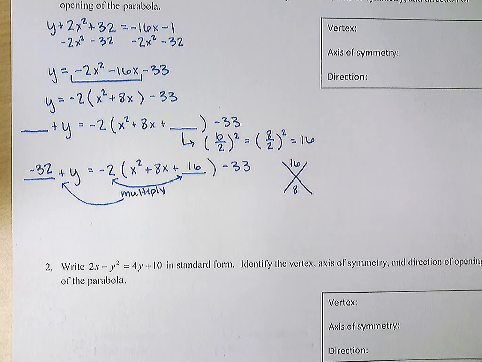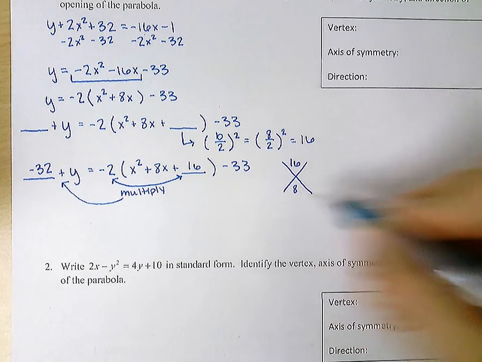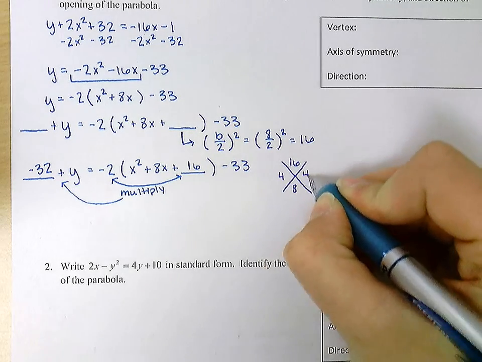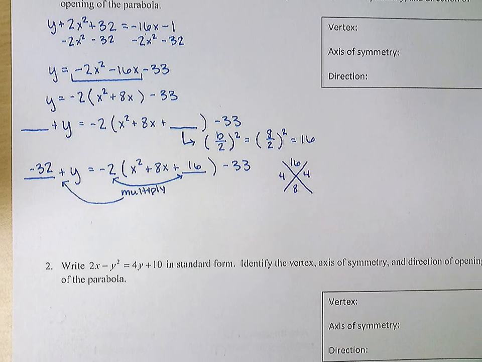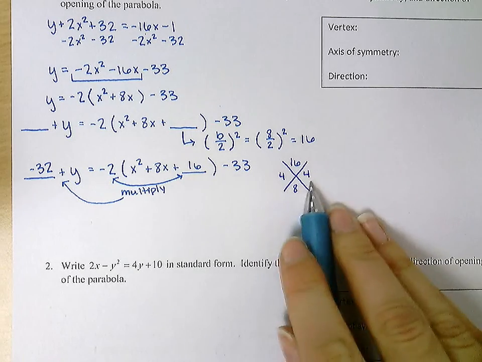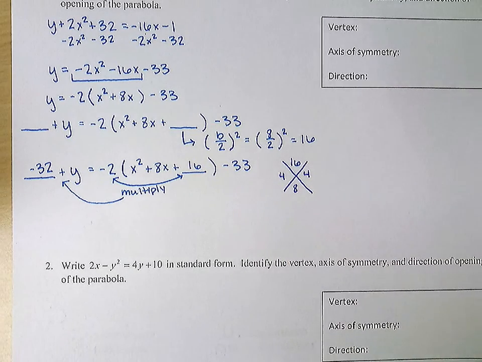You should get the same number when you complete the square. You should always get the same two numbers for that.